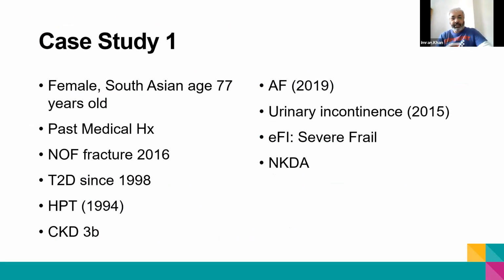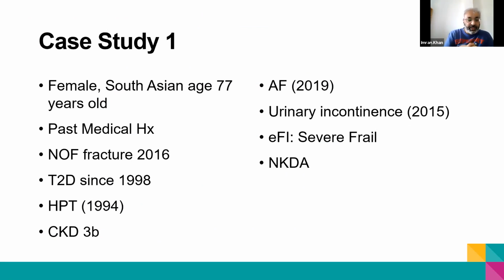So let's get stuck straight into the nitty-gritty of this. What we have here is a female, South Asian, 77 years old. They had a neck of femur fracture, so it's a hip, in 2016. They've been a type 2 diabetic since 1998.